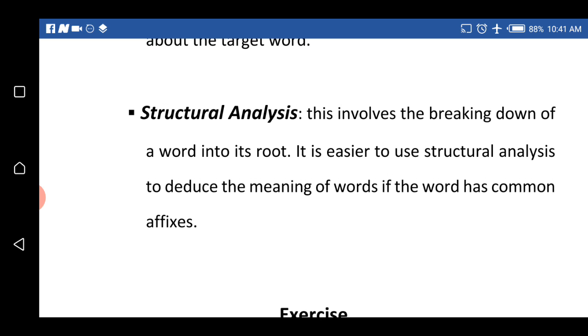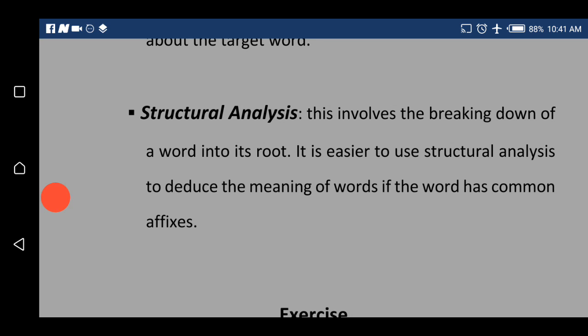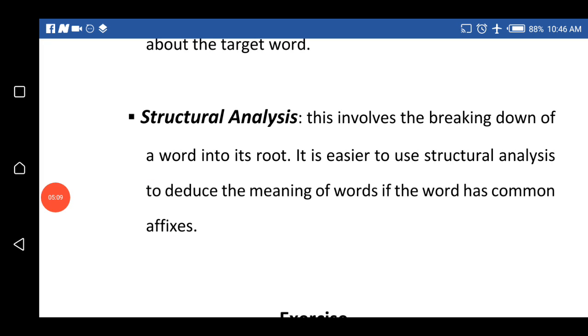For instance, now let's assume you are familiar with the word community, but you are seeing the word commune for the first time. So from your knowledge of community, you would know that community has to do with an area where people are living together.